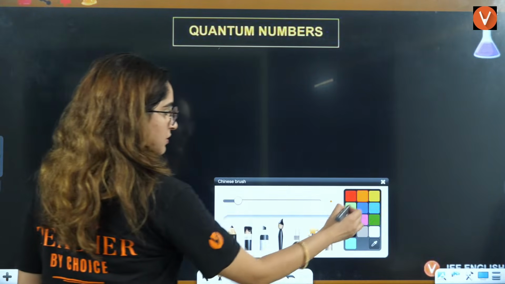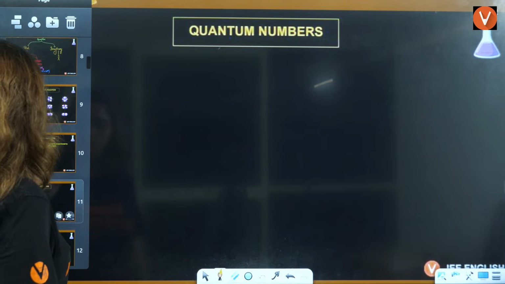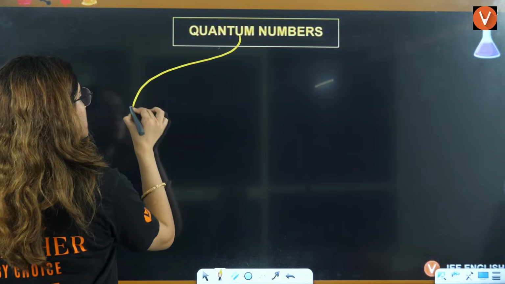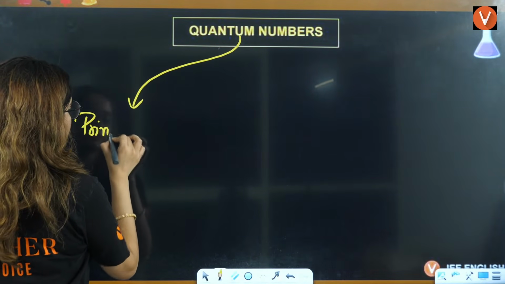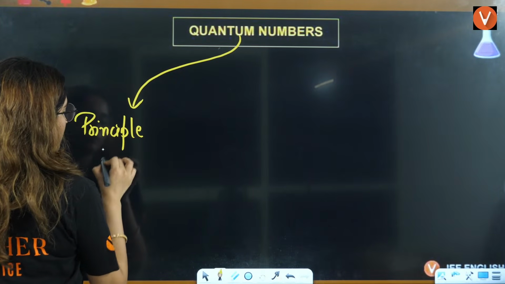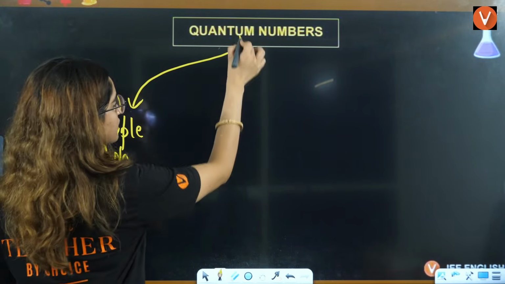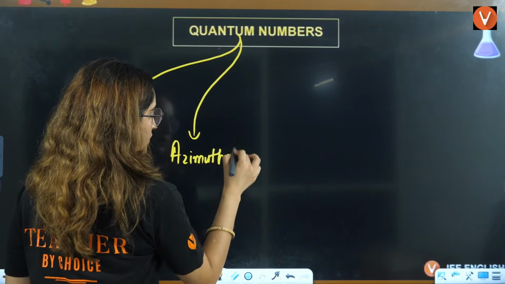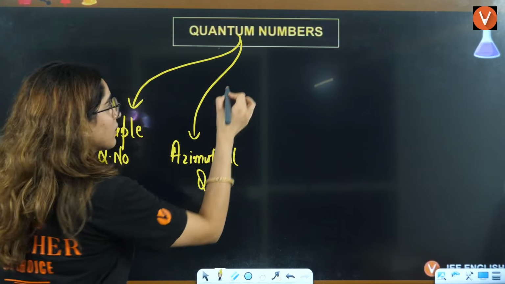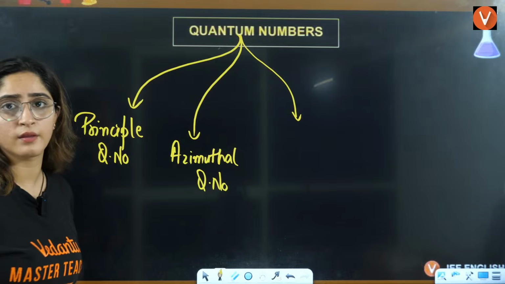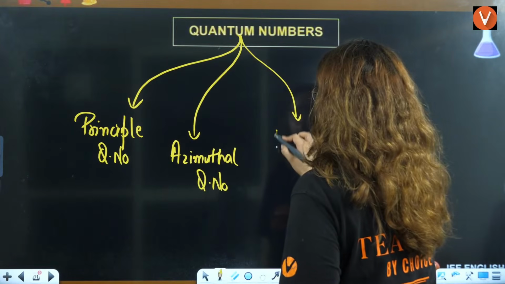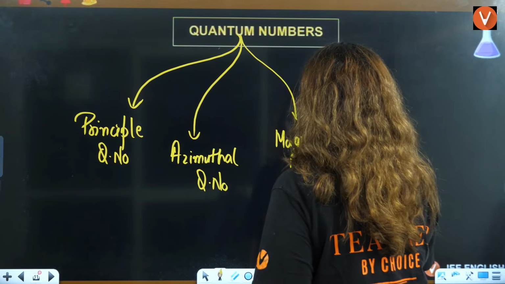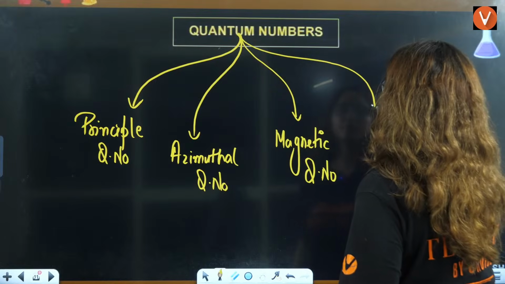One is the principal quantum number, then there is azimuthal, then there is magnetic, and then you will have spin.